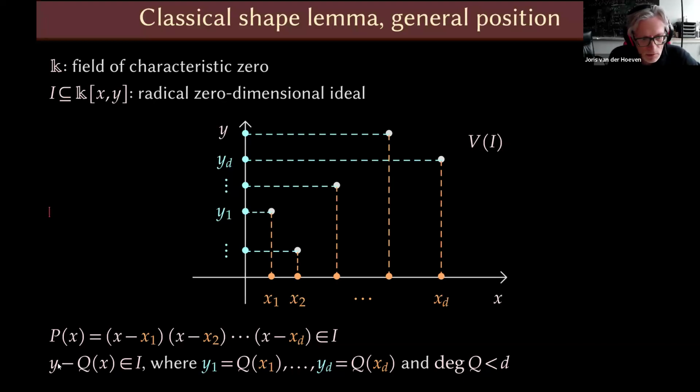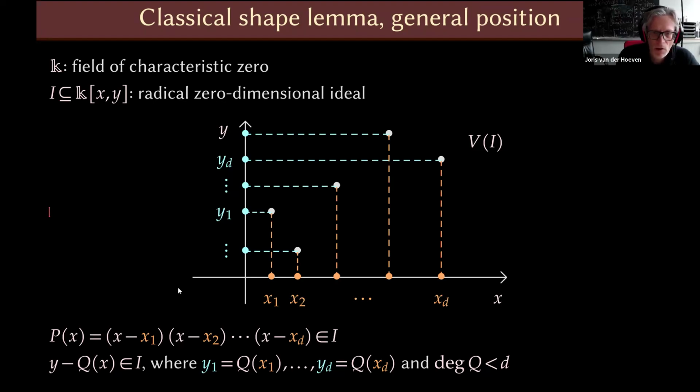And then this means that basically y minus q of x is also an element of the ideal. So this is how you can basically describe a generic bunch of points in the plane, a finite set of points, algebraically.